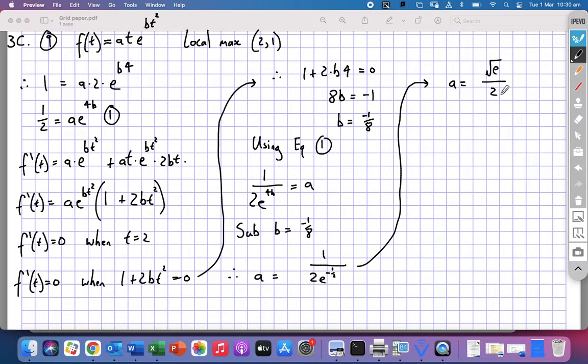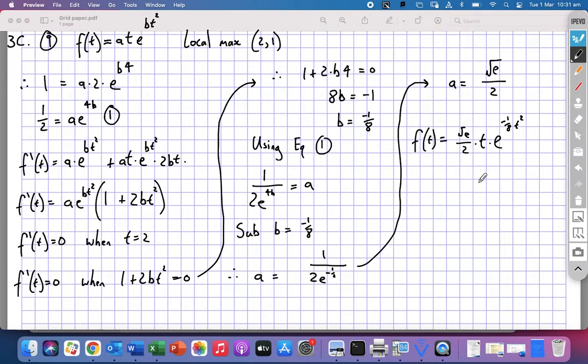I could check that. I could take these values back into this function. So I now know that the a value is square root e on 2 times t times e, and I know the b value is minus 1/8, so minus 1/8 t squared.